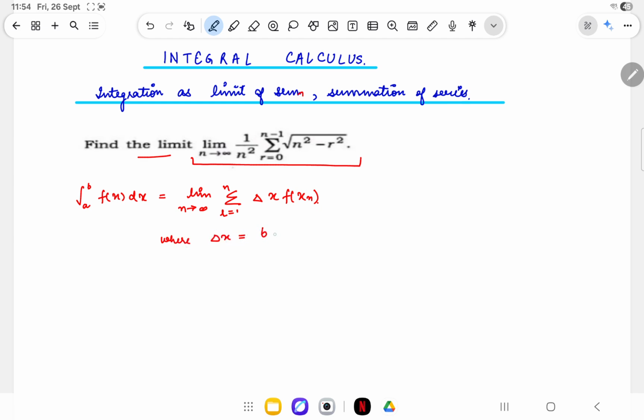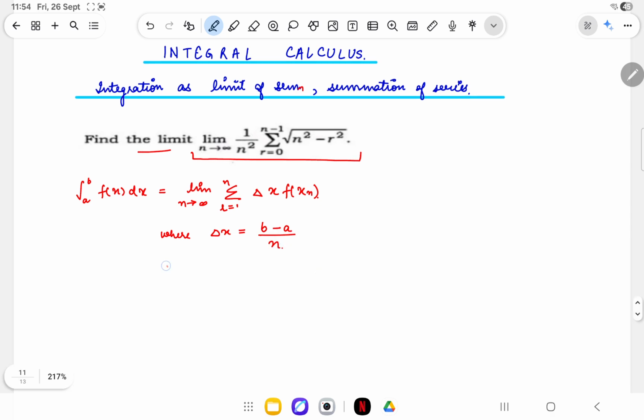In that case we are assuming it as (b minus a) divided by n if there is a partition with n subintervals, and x_r is basically defined as a plus r into del x, that is a plus r into (b minus a) by n.